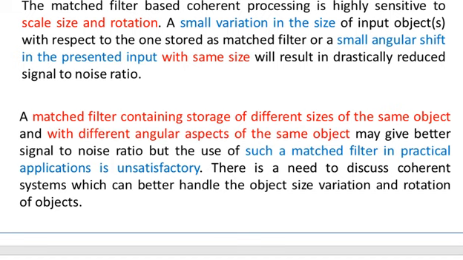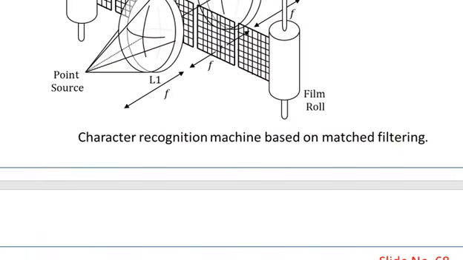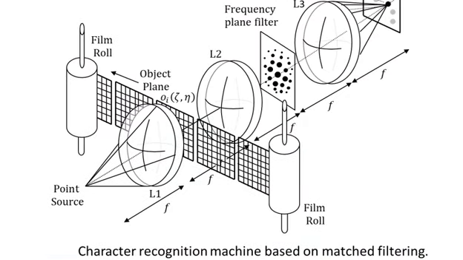So in this case, we are storing the objects with the same size and with a single orientation. Similarly, we are projecting into this machine objects having the same size and the same orientation for which we stored the matched filter.